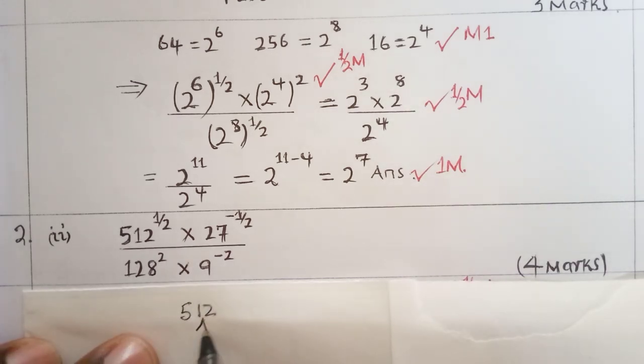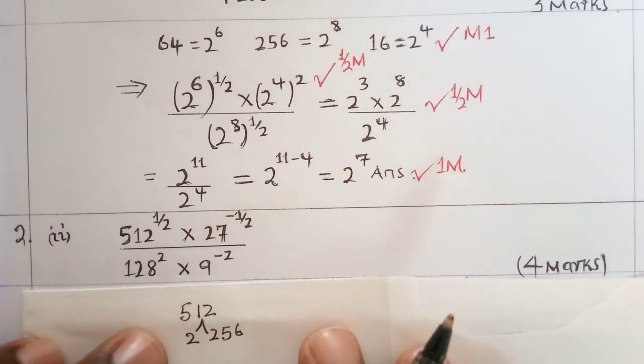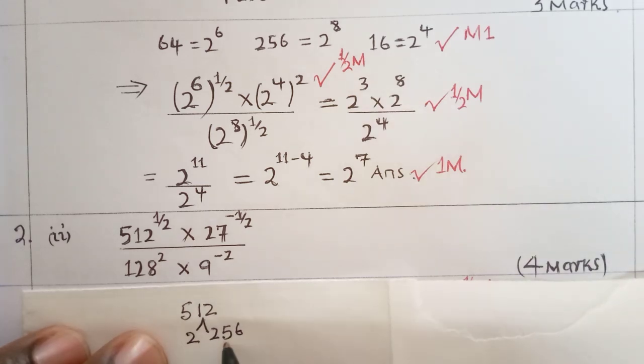This is going to be 2. 512 divided by 2 is 256. Then you can go to 2, that is 128. And then you have 2, you have 64.